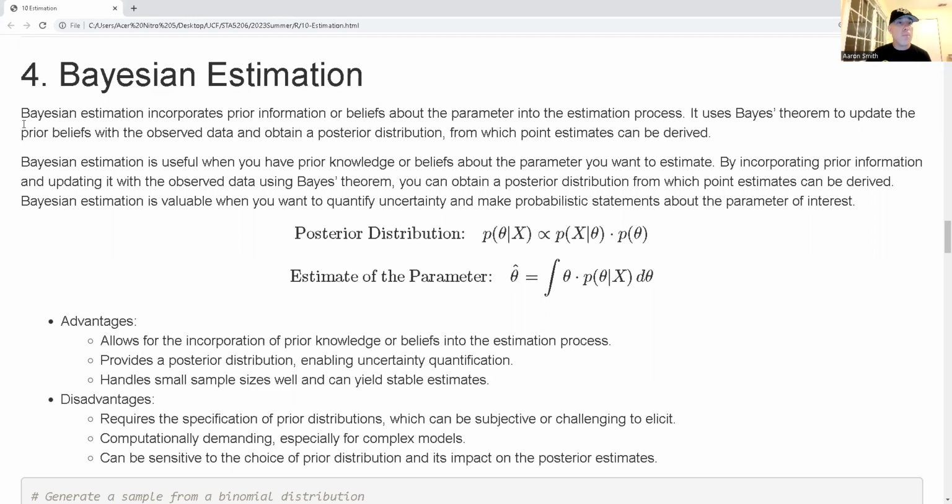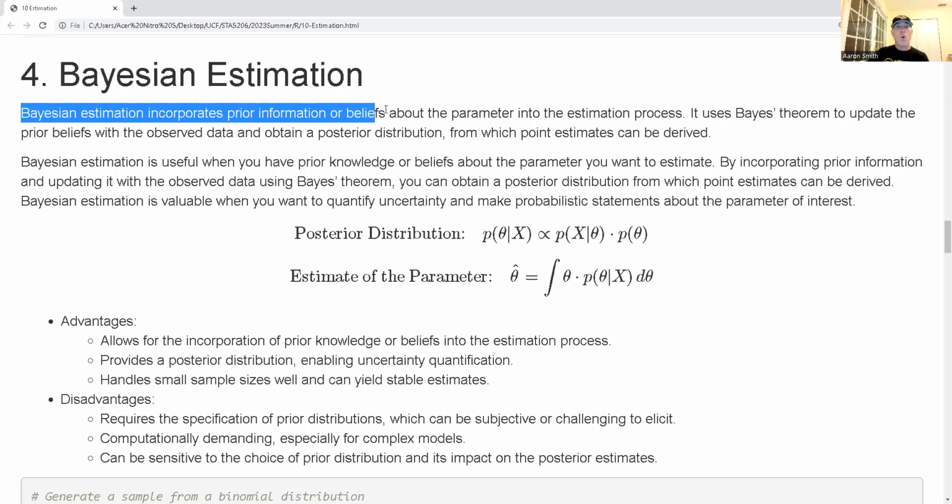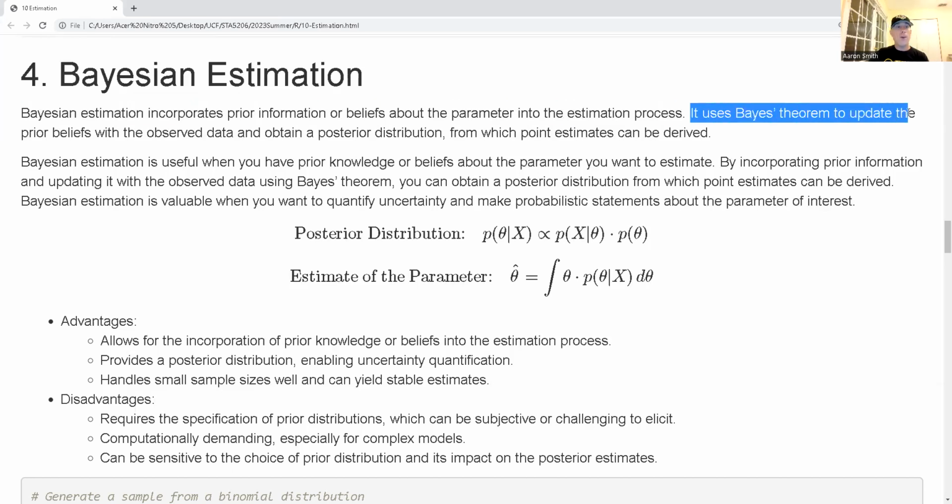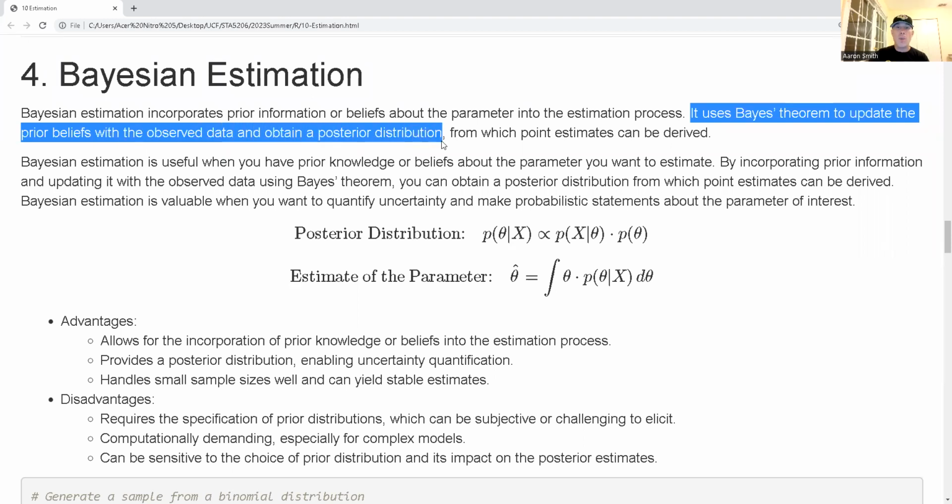So Bayesian estimation incorporates prior information, and the word prior is going to come up again, or beliefs about the parameter into the estimation process. It uses Bayes' theorem to update the prior belief with the observed data and obtains the posterior distribution. The idea here is that before I collect data, I have prior understanding of what I'm working with.